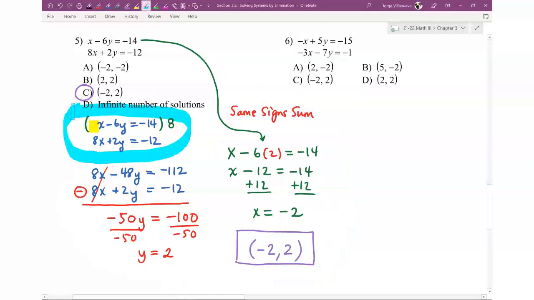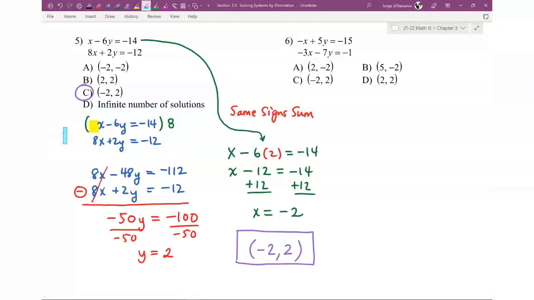Because none of the variables had matching numbers, we had to make the numbers match. And sometimes that's a little bit tougher because you got to multiply through. Okay? Sometimes they don't give you the equations in a nice form, which is what we're going to talk about right now. On 7 and 8, we'll do one of those. But sometimes they don't give you the equation in the right form, so you have to try to figure out a way to get them to match up.